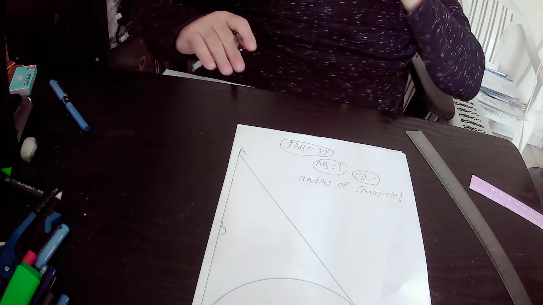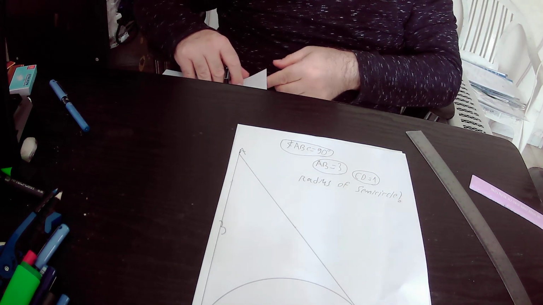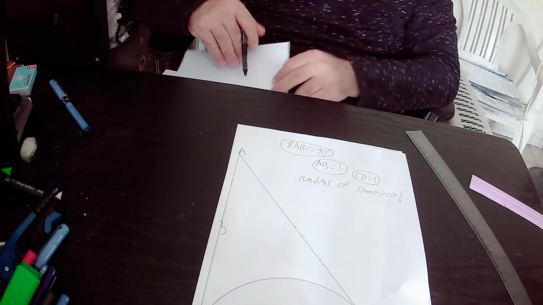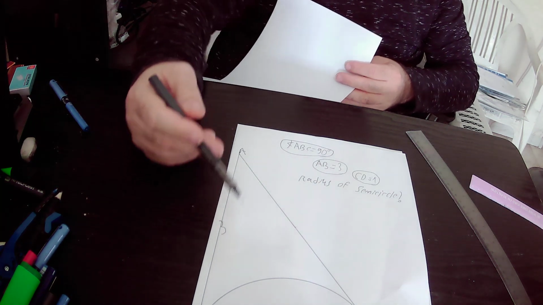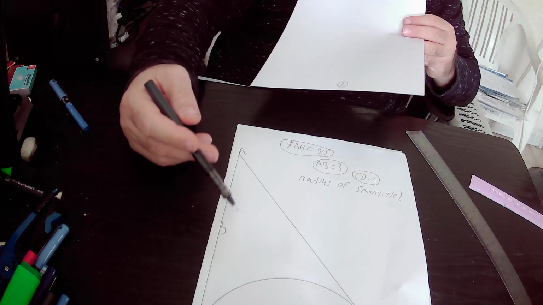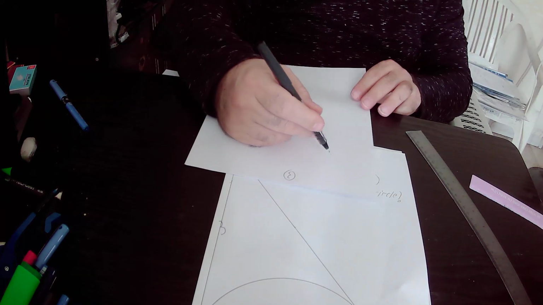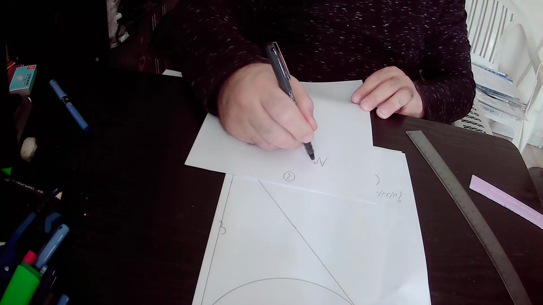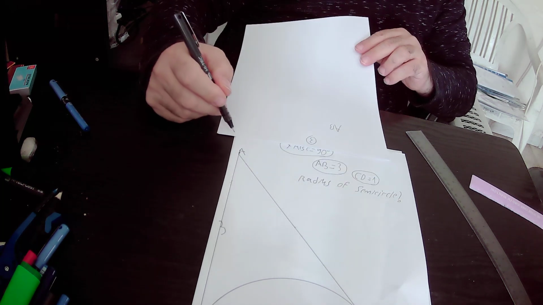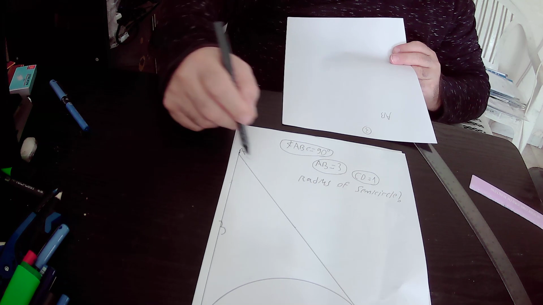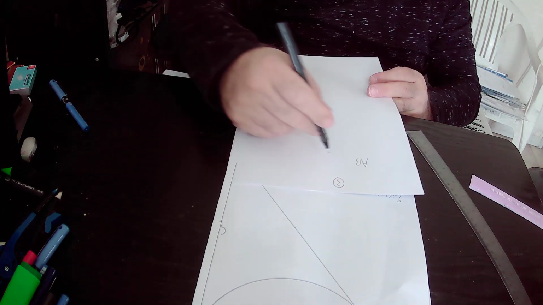So the length of the first tangent is AB, and we also know that AB equals 3 units. The length of the second tangent to the semicircle is AE.